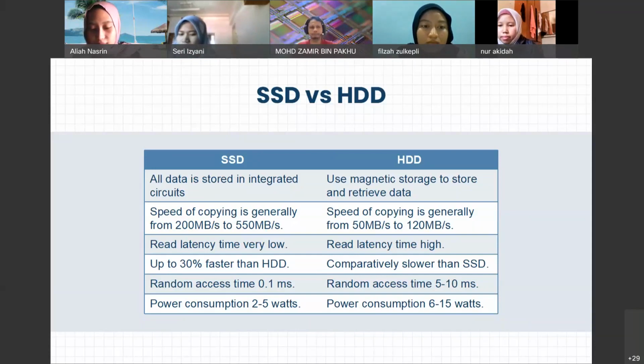As for the power consumption, SSD consumes between 2 to 5 watts, while HDD consumes 6 to 15 watts, because of having so many spinning objects inside. So it obviously requires more power compared to the SSD, which doesn't have any moving part and is based on flash memory.